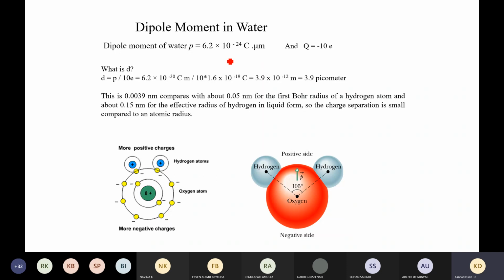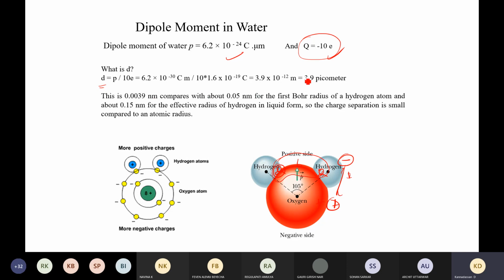And from this dipole moment, we know that there are about four shared charges here, two shared charges, and six unshared charges available in the valency orbits, which give the total charge as minus 10 electrons. And if you divide by that, you will get the distance d, which is nothing but the distance between the negative and the positive charge.